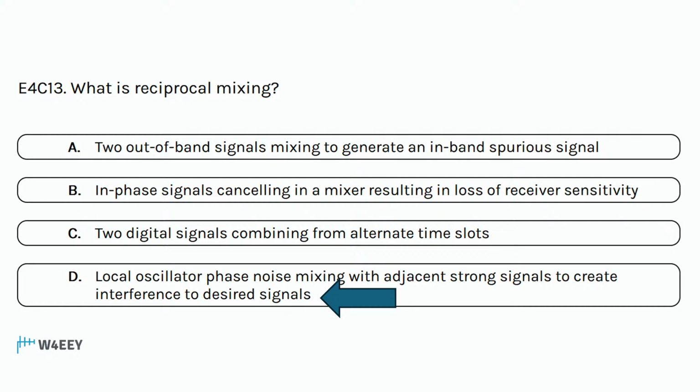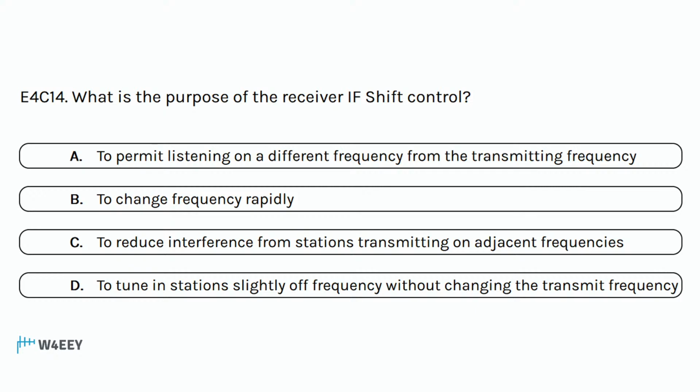You're trying to receive the weak signal. All right, what is the purpose of the receiver IF shift control? What do you think? Charlie. Yeah, you're trying to reduce interference.